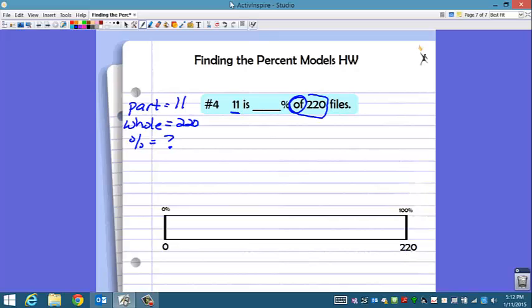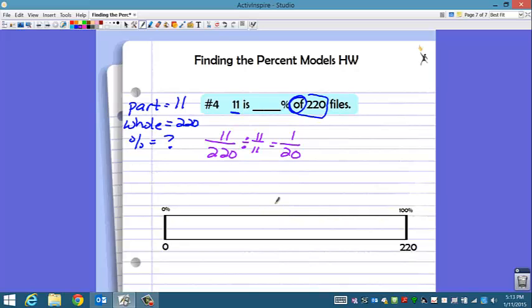Step 2, you're going to write a part to whole fraction and simplify. Well, we've got it written here, part to whole. We can simplify by dividing by 11. And we get 1/20. Now, we normally don't split our fraction up into 20ths because that is a lot. So I'm going to start it.